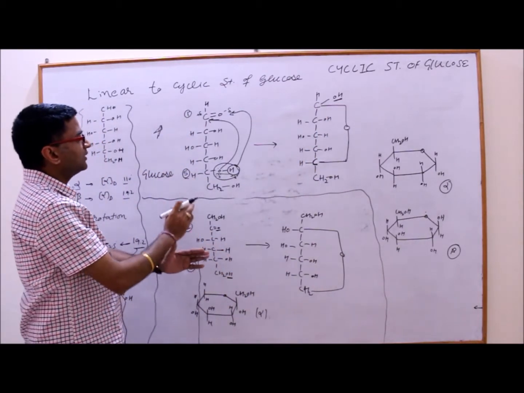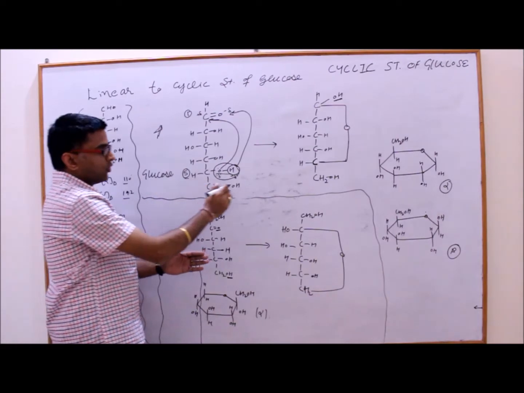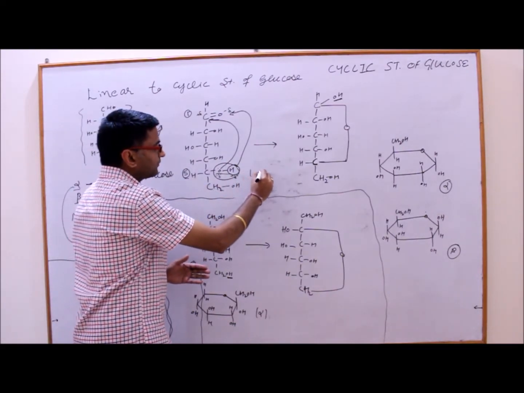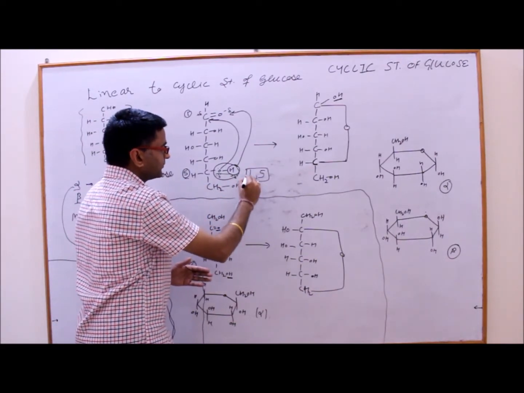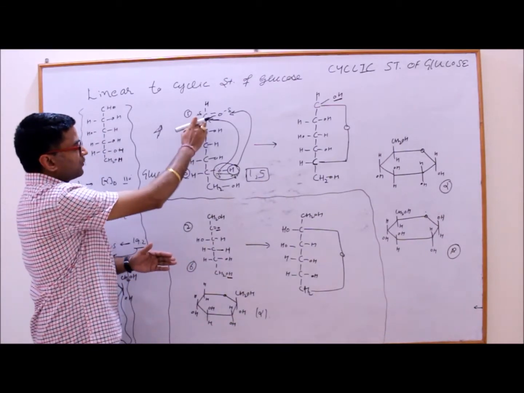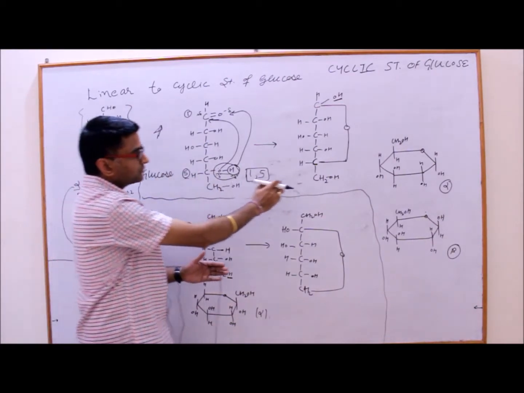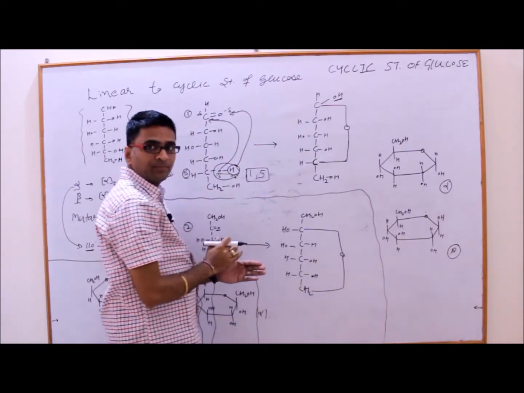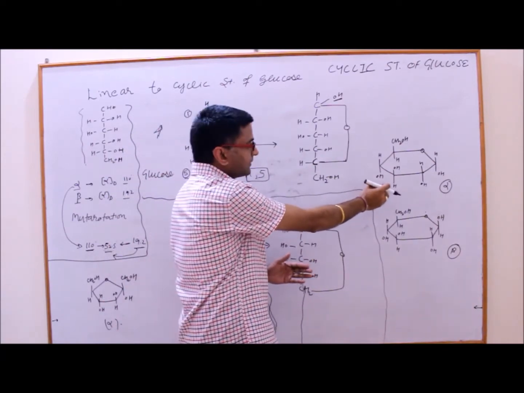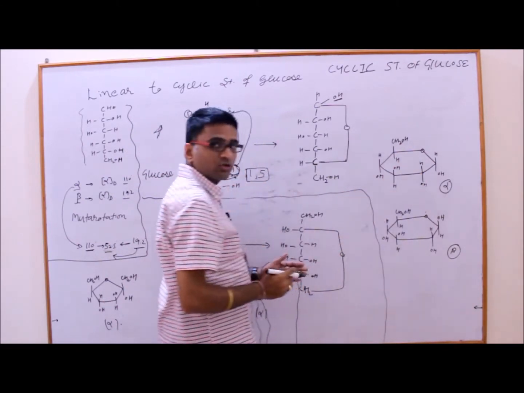The important thing to note is which positions of carbon are involved: 1 and 5. The linkage is formed between carbon 1 and carbon 5. So this was the cyclic structure, which can be further represented in the form of this pyranose ring.